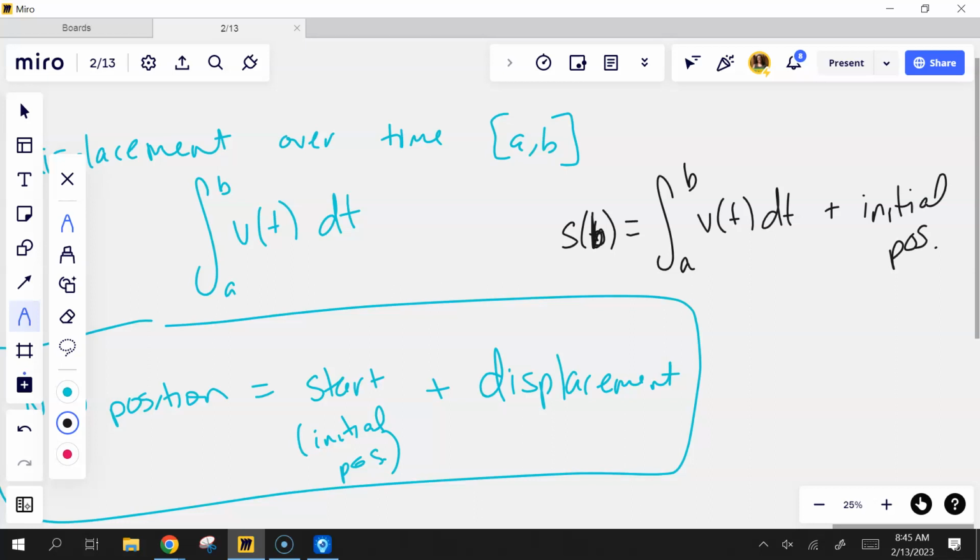So instead of having to go through and find that C, I could just use a definite integral and then add back in the initial position. Does that make sense?